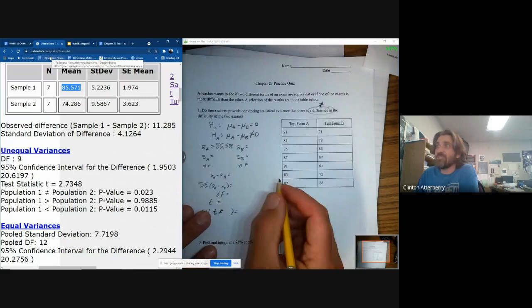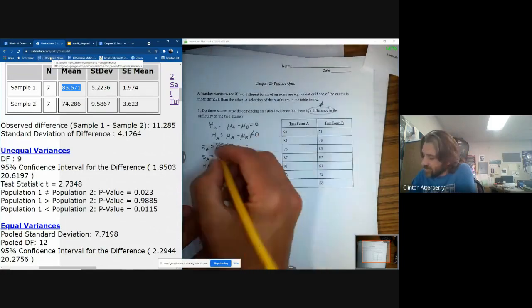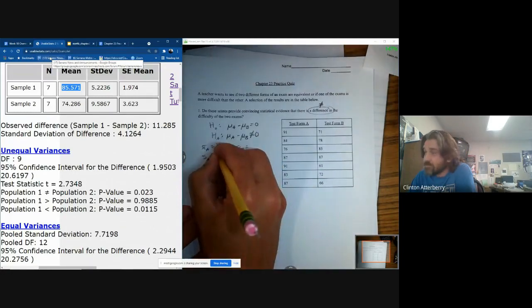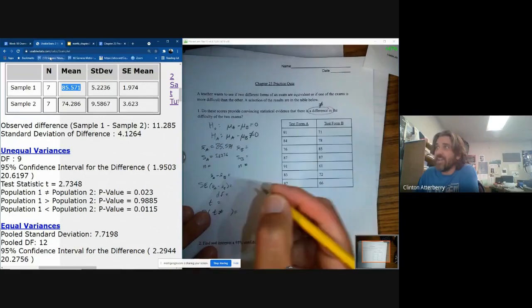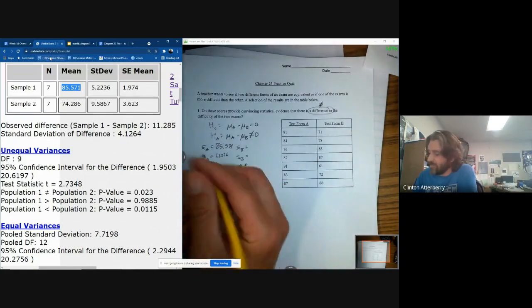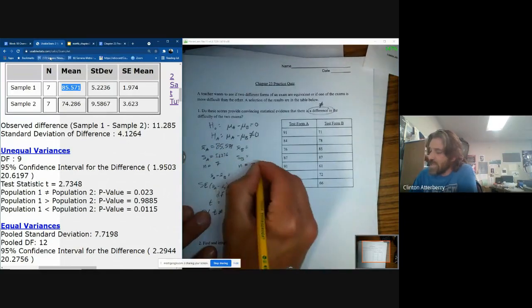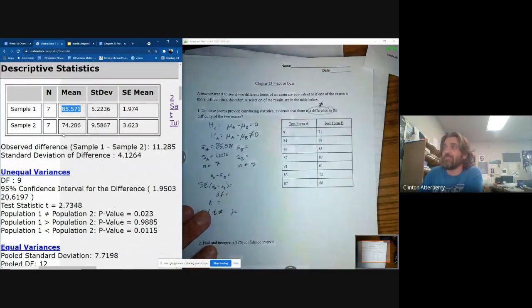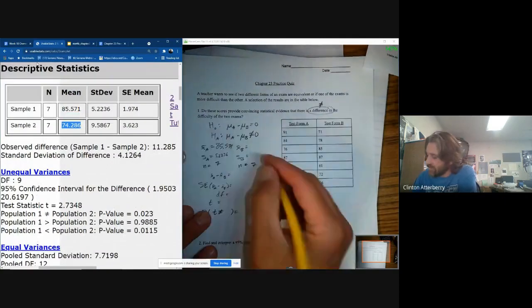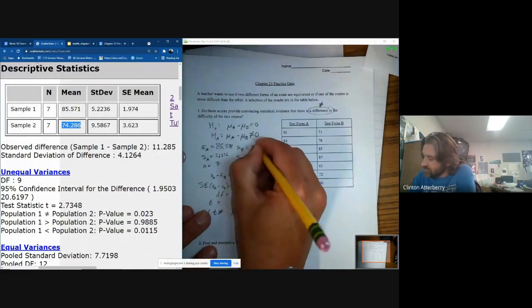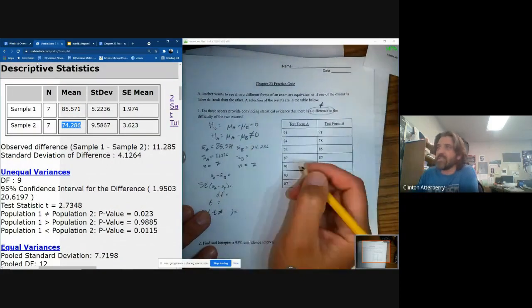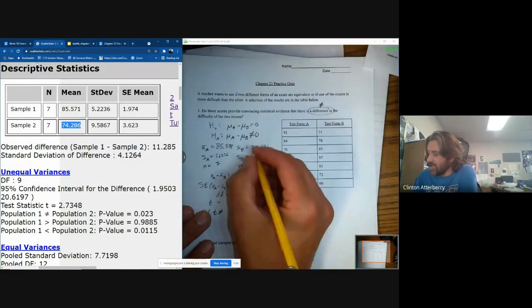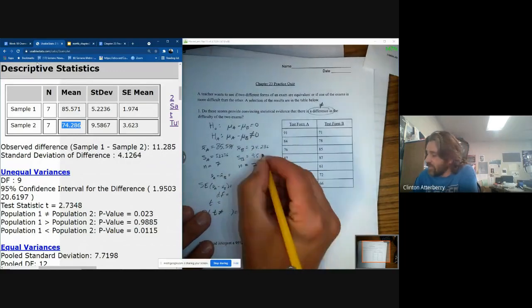The standard deviation of that was 5.2236. And the sample size they said was 7, 7 for both. My average for my second test score was down here, 74.286. And the standard deviation of my second sample was 9.5867.